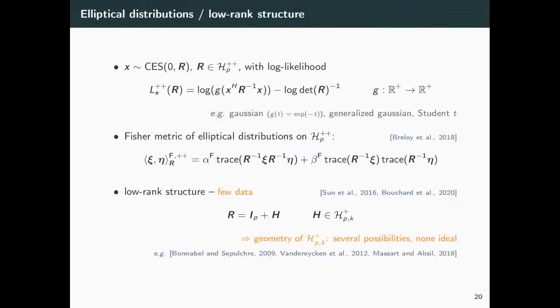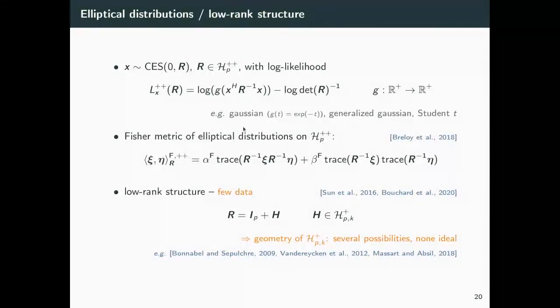So for instance, we applied this on the elliptical distribution with a low-rank structure. So for the elliptical distribution, we have some data which have some covariance matrix, and this log likelihood function, where we have this function g here, which depends on the choice of the distribution.